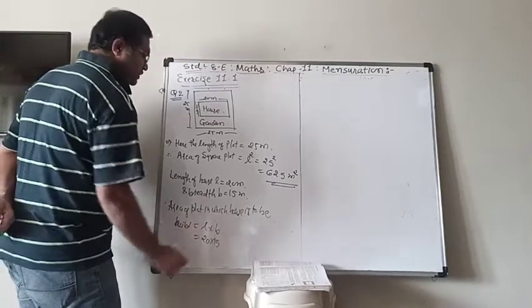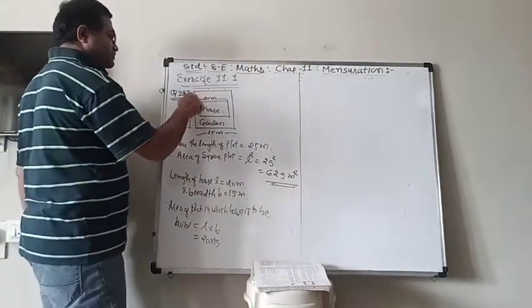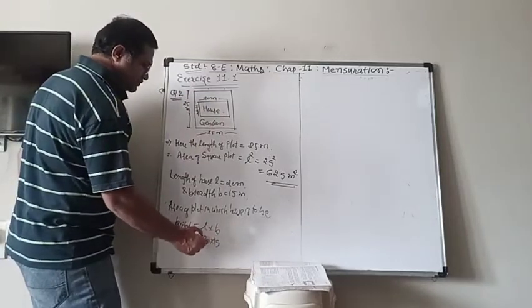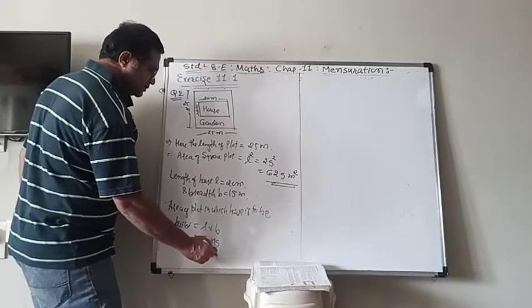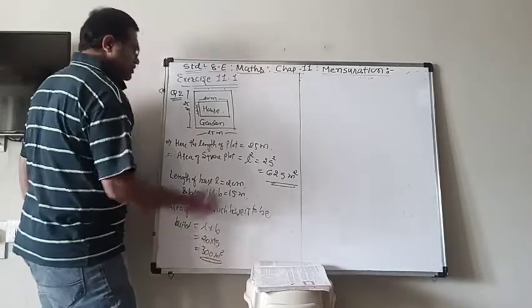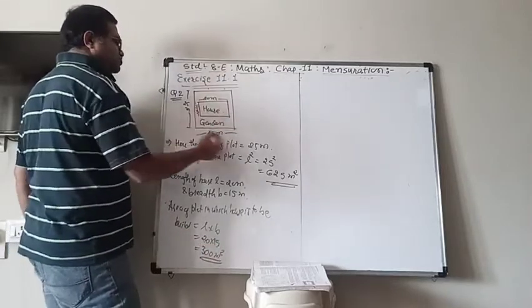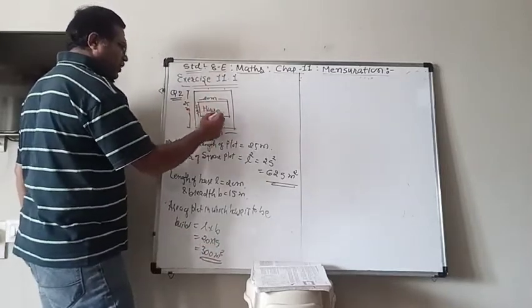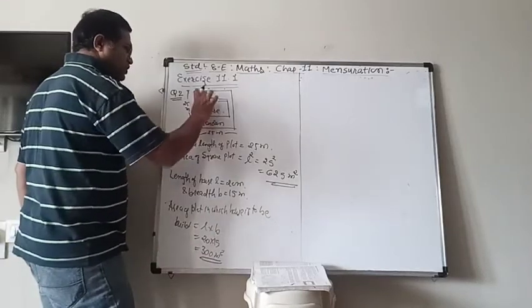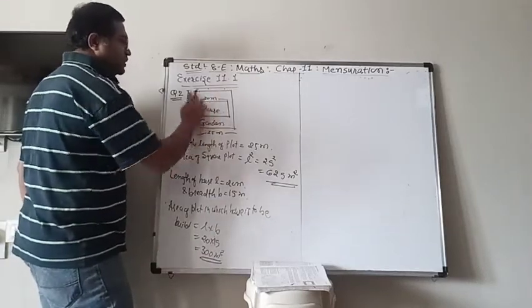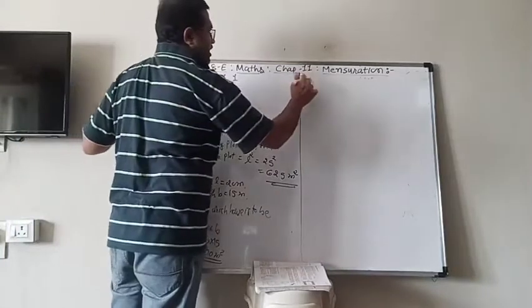That is 20 multiplied by 15. So 15 twos are 30, so 300 meters square. So the whole area is 625. The area in which the house is to be built is 300 meters square. So we will subtract to get the area of the place for the garden.